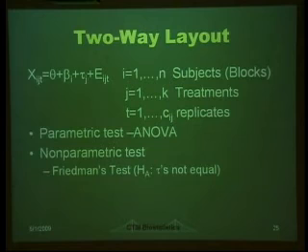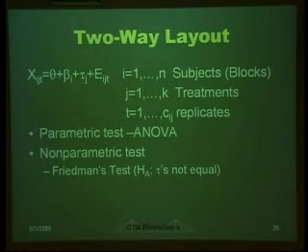Okay, we can also do non-parametric tests for what's called the two-way layout. Here we have n subjects, and each subject is given one of k treatments, where k is at least 3.